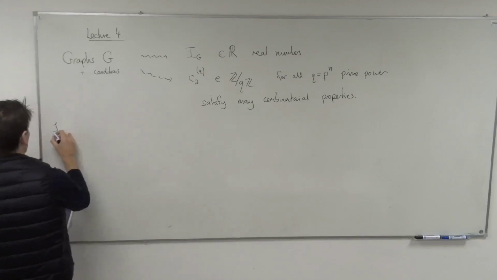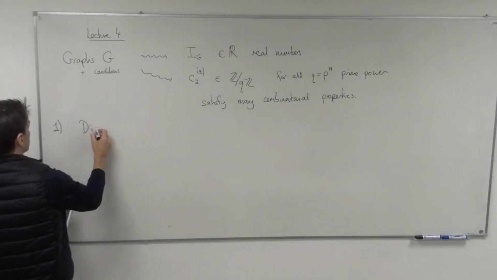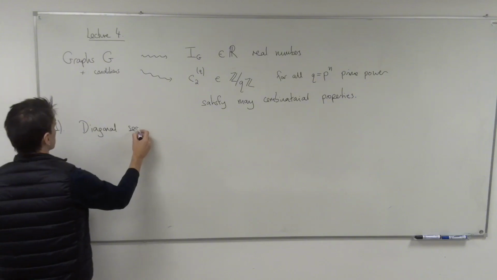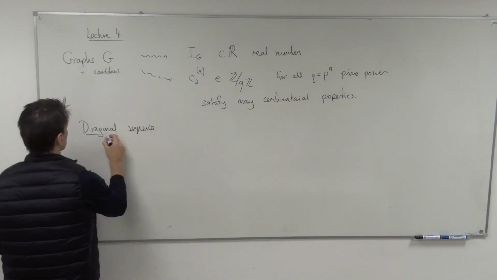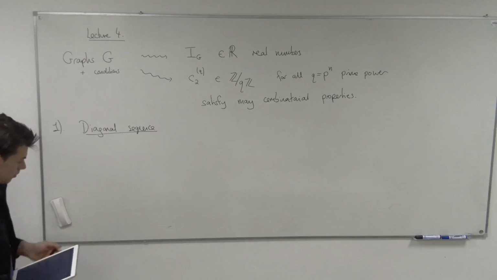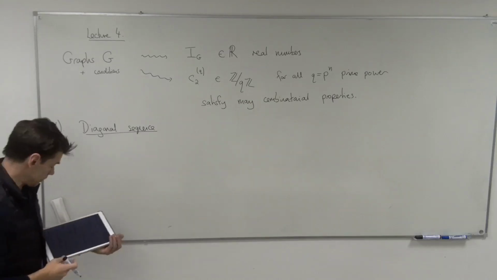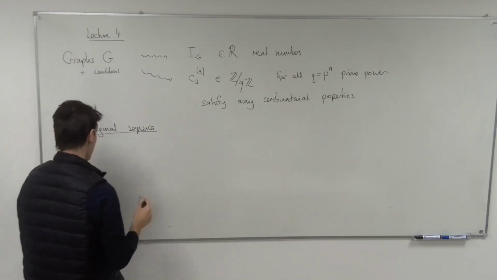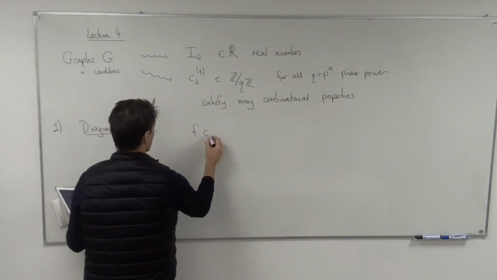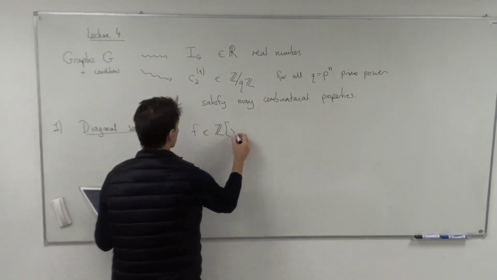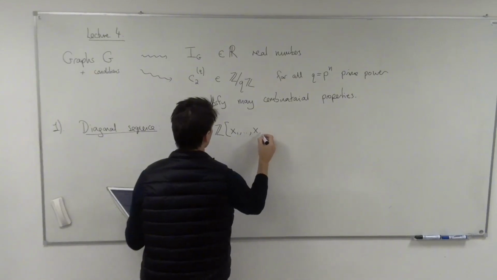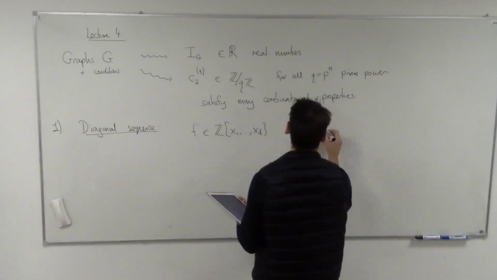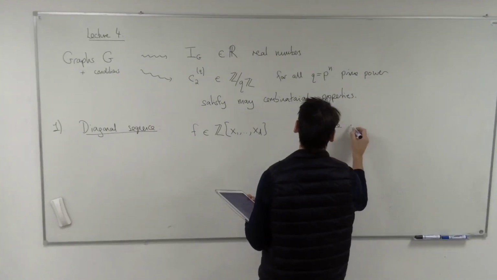Okay, so the next topic is the diagonal sequence. This is quite a big subject of research. It's very elementary, but there are still many deep things to be discovered. So we take f, a polynomial in d variables of degree d.